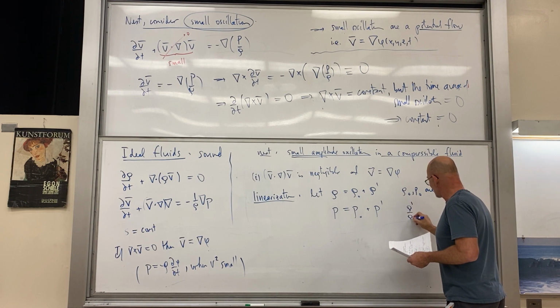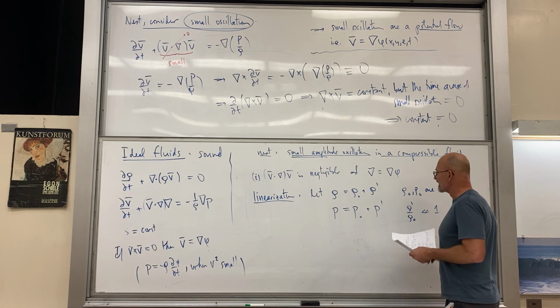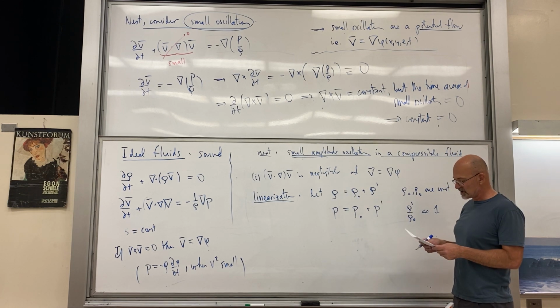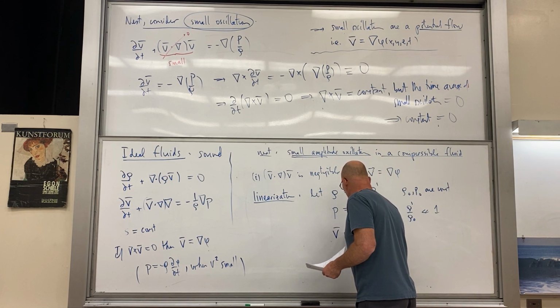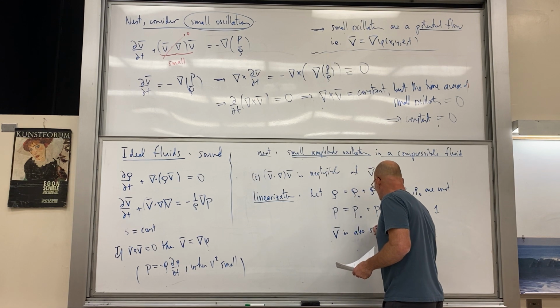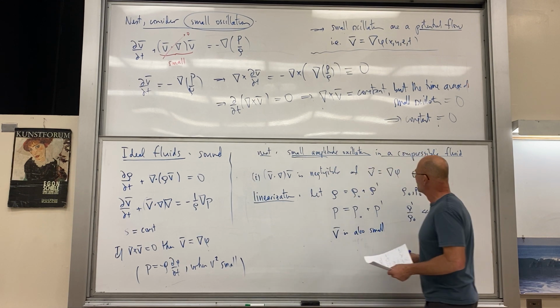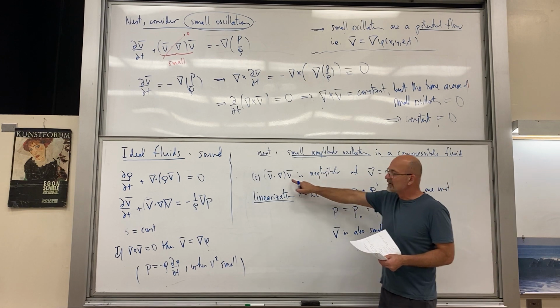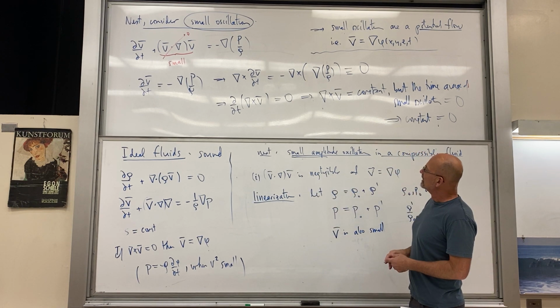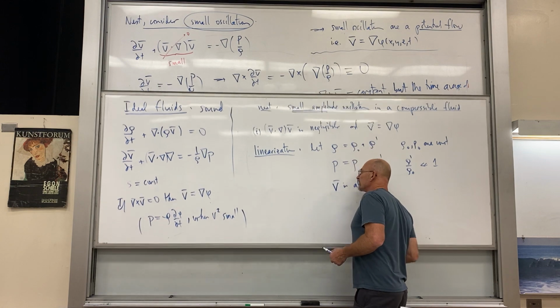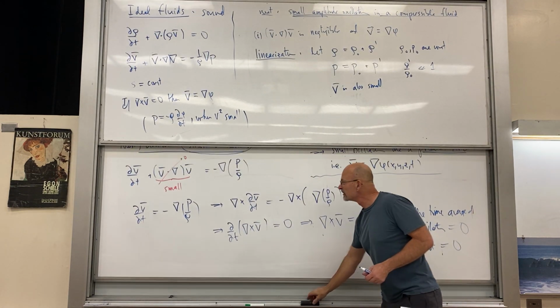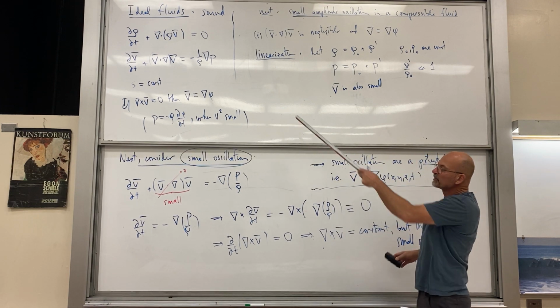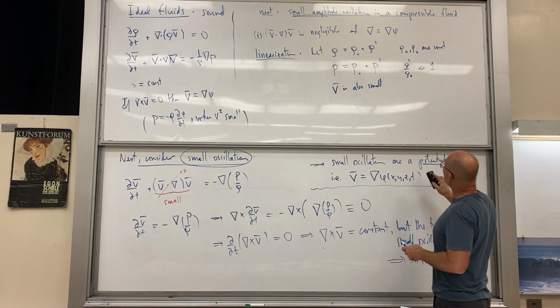Rho prime divided by rho 0 much less than 1, right? It's a small fluctuation. V is also small. Okay, so V is small, this is negligible, that's the idea. Good, so let's go ahead and see what happens. We're just going to keep these up here for the rest of the time until we get our result.